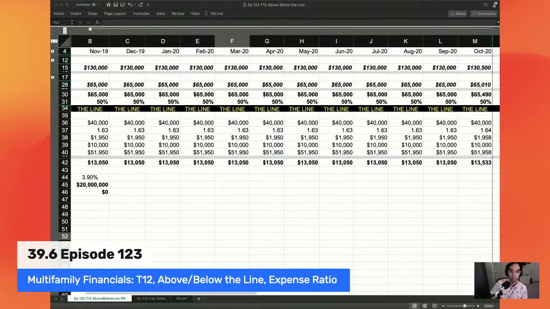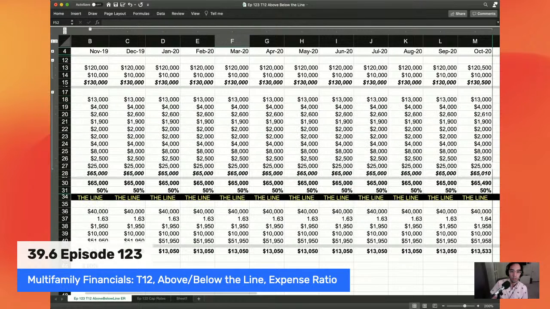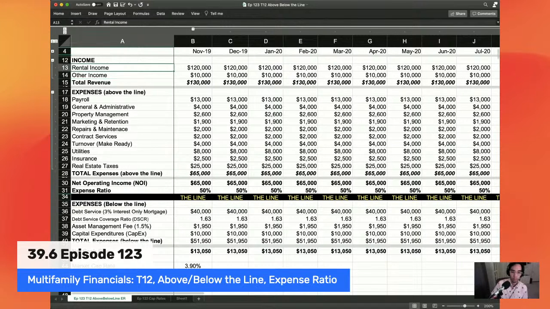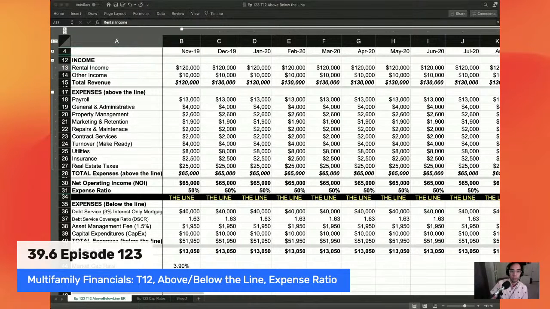Now this is what we would call a trailing 12. Okay. So a trailing 12 is going to include the last 12 months of the profit and loss statement.